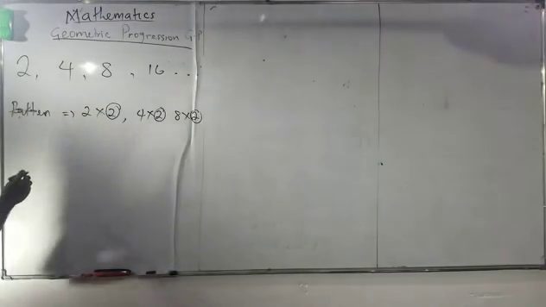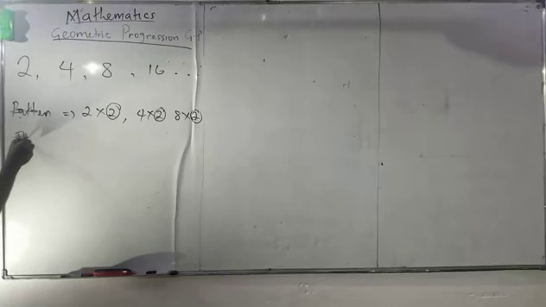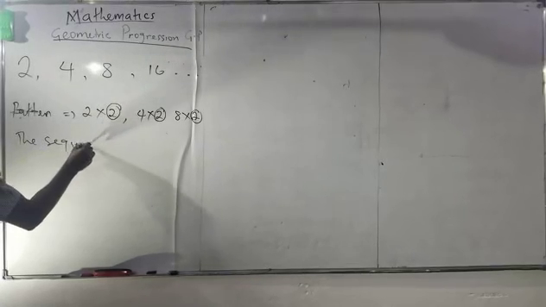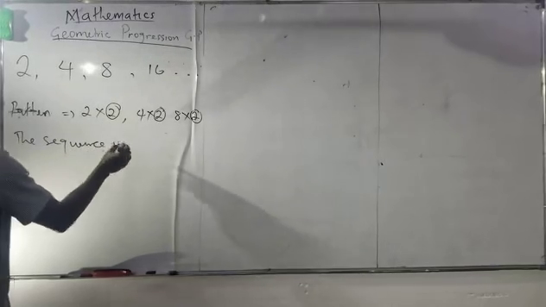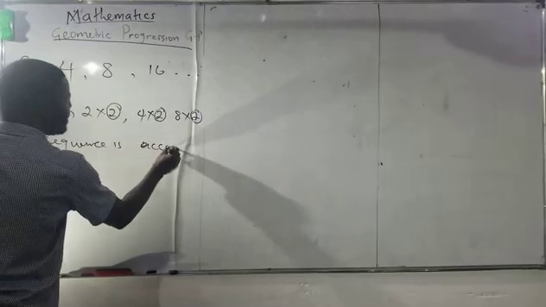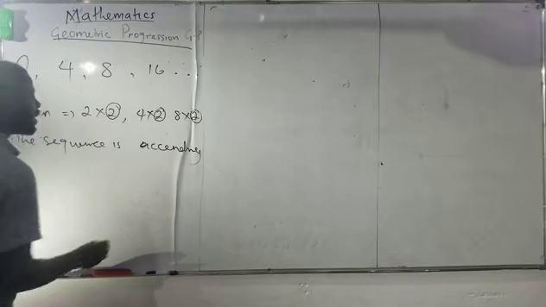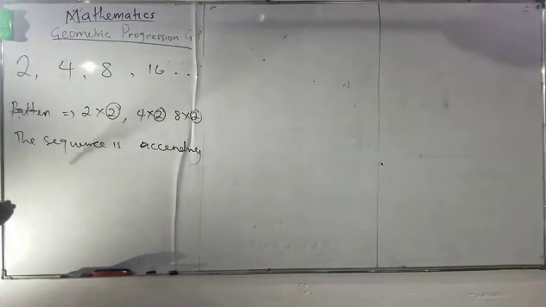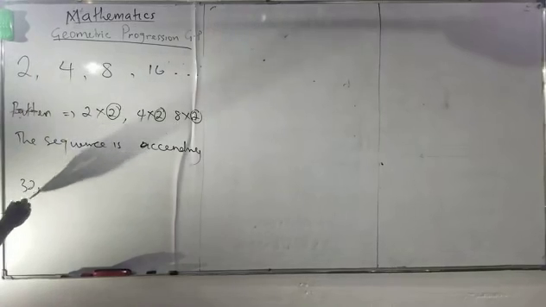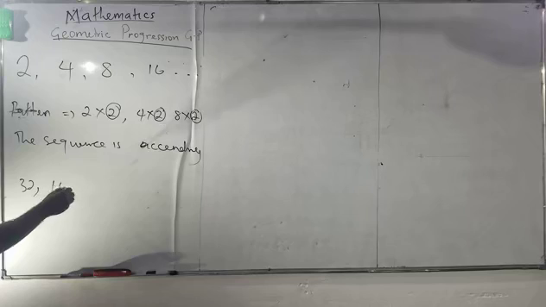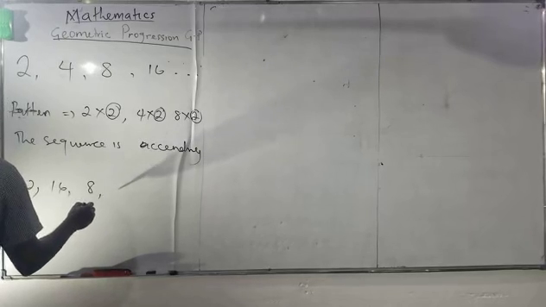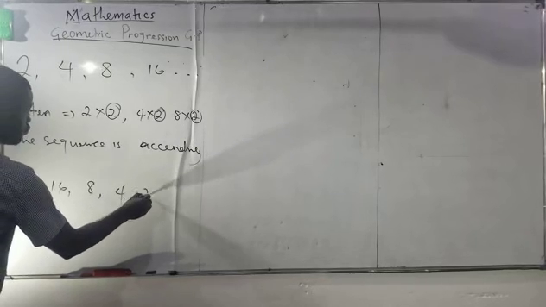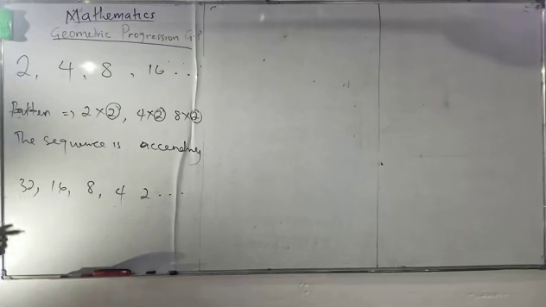At this point, the sequence is ascending. But in this case, when I have 32, 16, 8, 4, 2, and so forth, look at the pattern.